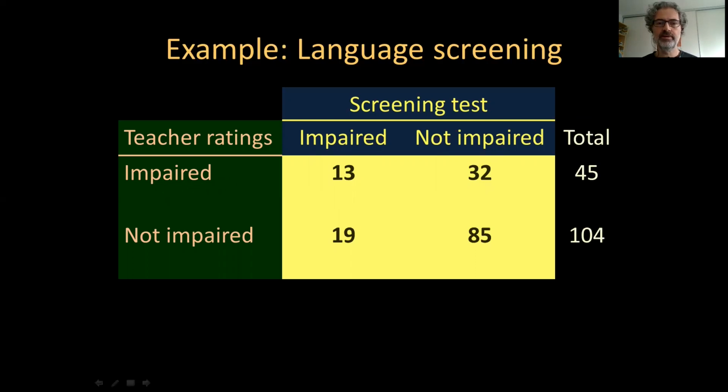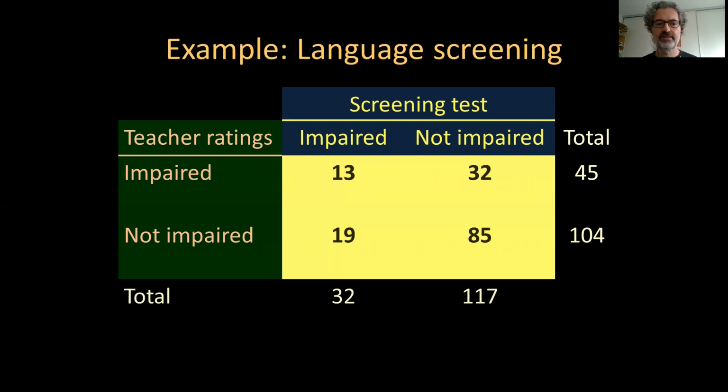The total number of children that were identified as impaired by the teacher checklist is 13 plus 32 is 45. Accordingly, the total number of children that were classified as not impaired on the basis of the teacher checklist was 124. We can do the same for the columns.